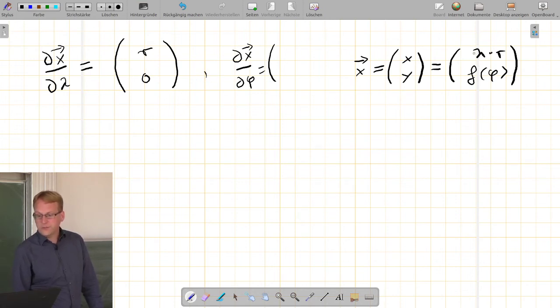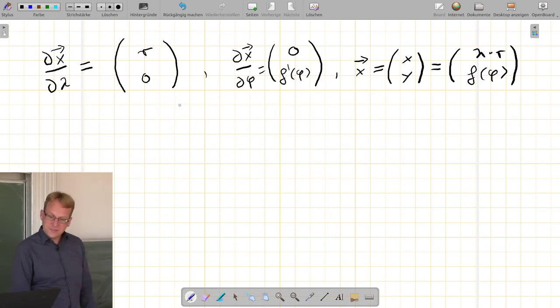Again, the first row derived by phi is simply 0 because we don't have any phi there. And the second row derived by phi is simply f prime of phi. We don't know f yet, but formally this is correct. The derivative of f is f prime.